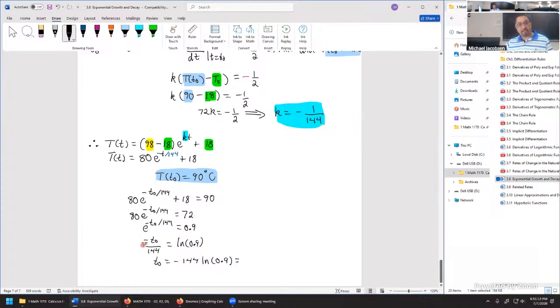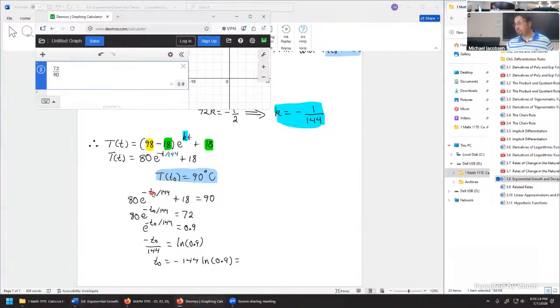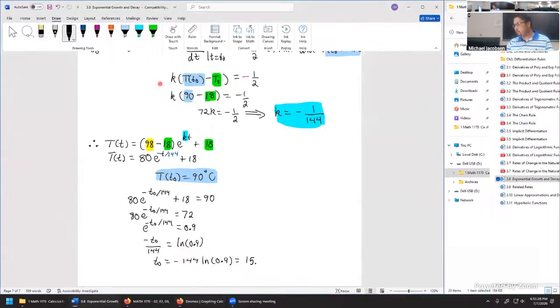So here we multiply by the reciprocal of negative 1 over 144. So negative 144 times the natural log of 0.9. Looks concerning, but it's in fact a positive number. This would be about 15, let's round it to 15.2 minutes.